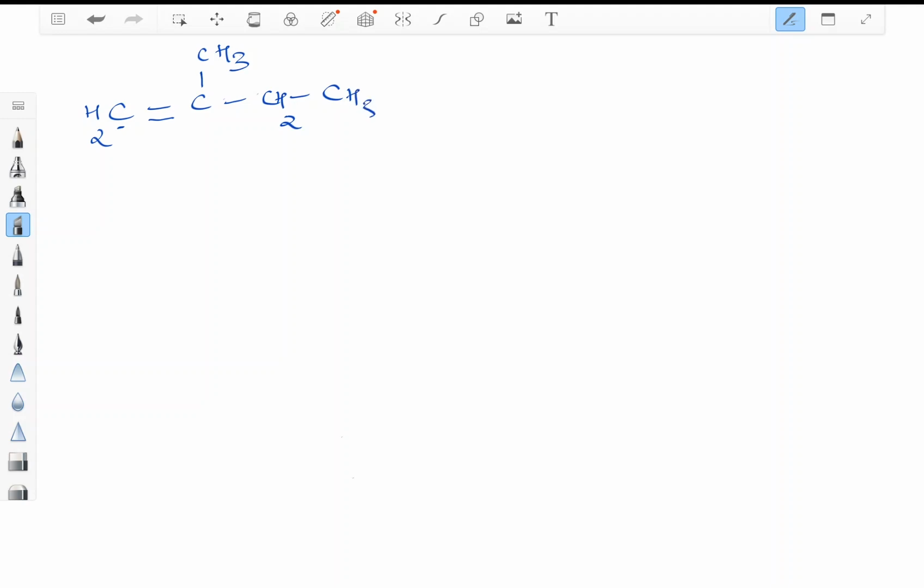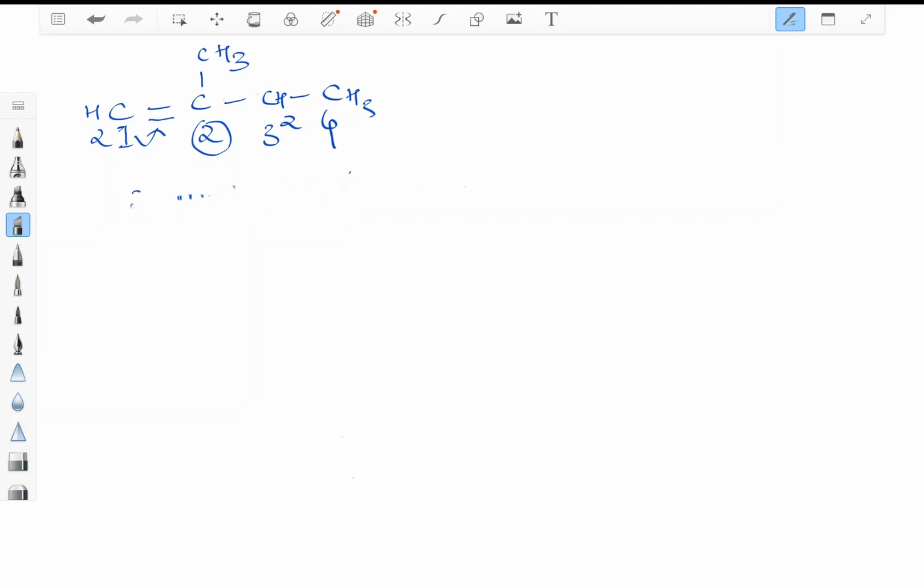Now the substituent attached, so this one will always be 1. Why? Because the first position will be given to this one, then second, third, fourth. At the second position you have a methyl group, so the prefix will be 2-methyl, hyphen, 1, then hyphen, butene, because 1, 2, 3, 4 is but.